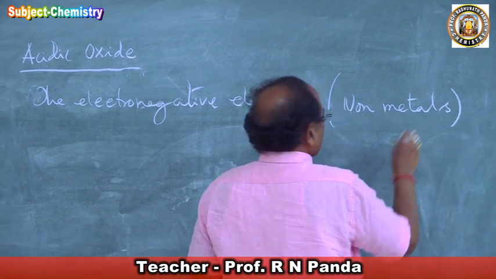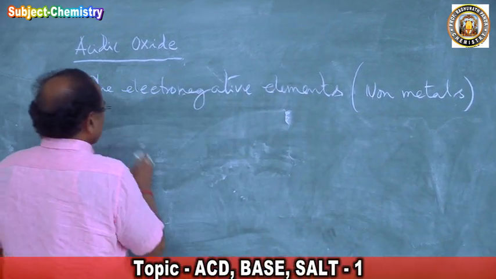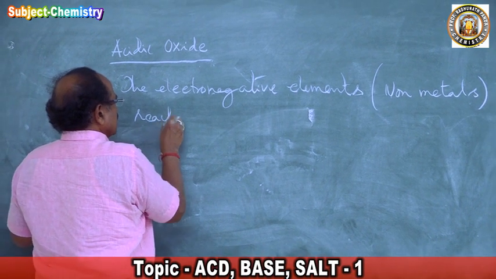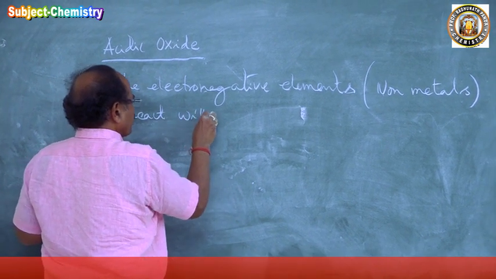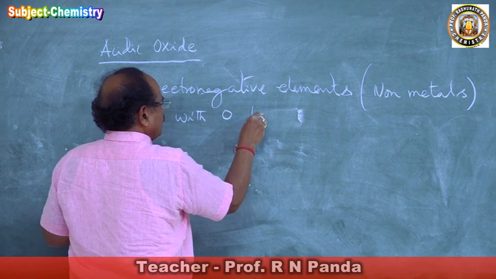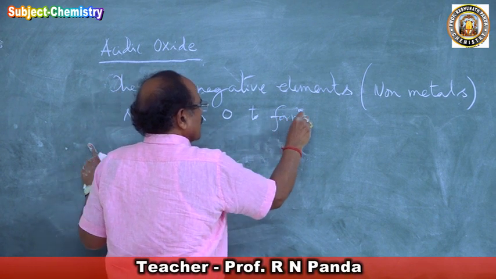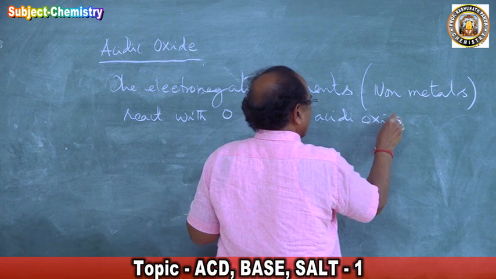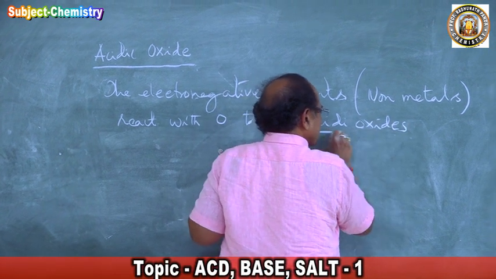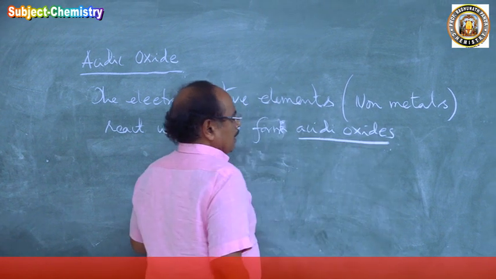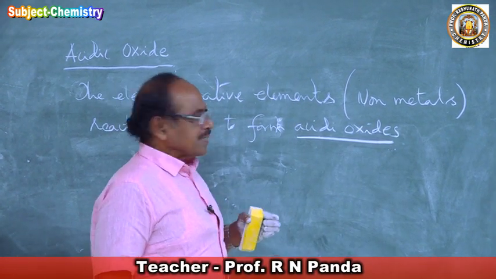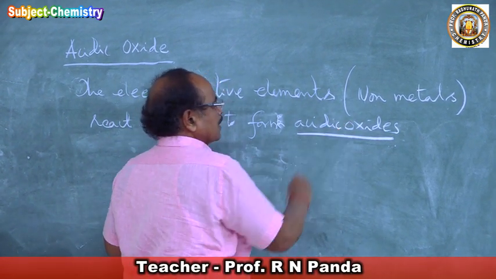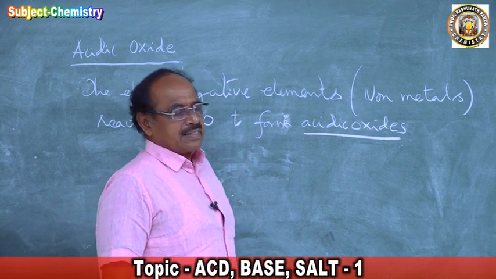They are called nonmetals. They react with oxygen to form acidic oxides. Why acidic oxides? Because that oxide is exhibiting acidic property. What is acidic property? It turns blue litmus red.